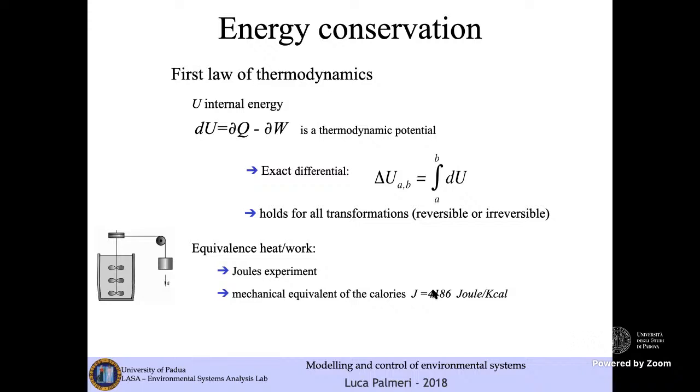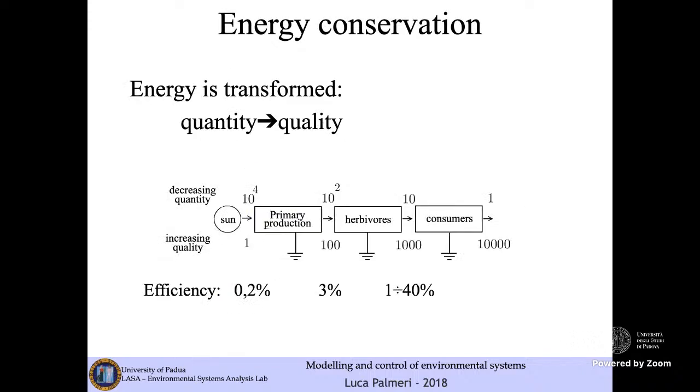This experiment, carried out in the late part of the 19th century, was a very sophisticated, difficult experiment, in particular at that time, because it required measuring temperature variations of the order of tens of Celsius degrees. So it required very sophisticated ways of measuring temperature.